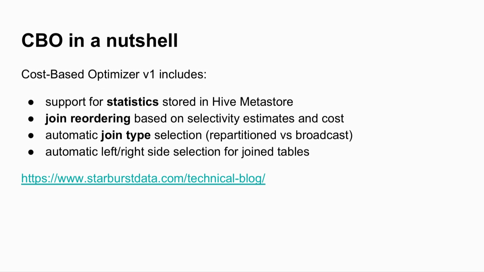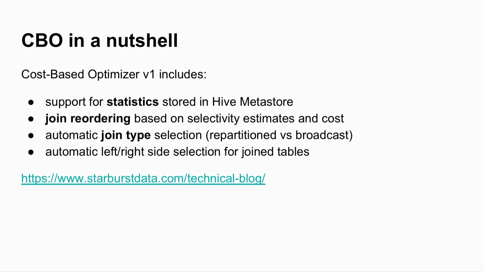As we realized in our careful benchmarking and experimentation, it actually makes a lot of difference sometimes. Putting a smaller table on your inner side to build a hash table from is highly beneficial for the CPU. Obviously, this talk is short, so we'll do a high-level overview of the optimizer.